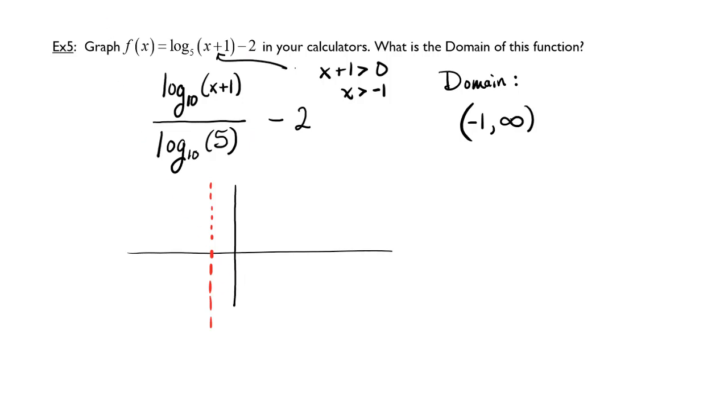So our curve approaches the vertical asymptote. We know if it's been shifted down 2 and our vertical asymptote is at negative 1, we know that it would normally cross at 1, so it's going to cross at 0, negative 2, and it's going to curve up like this.